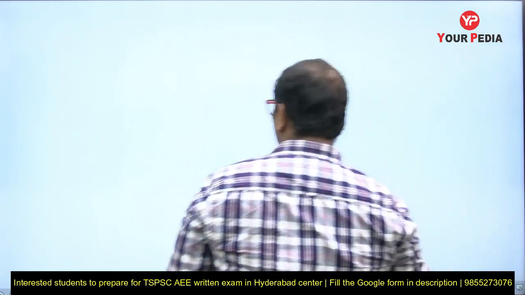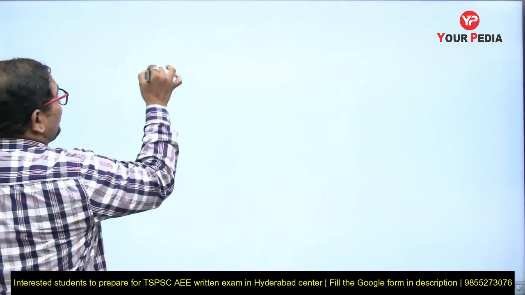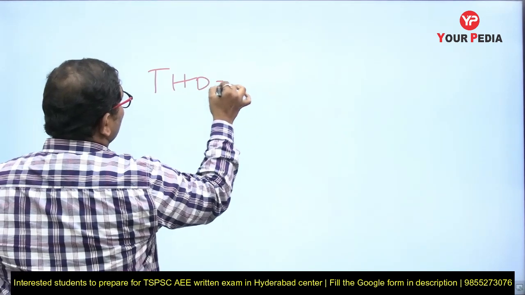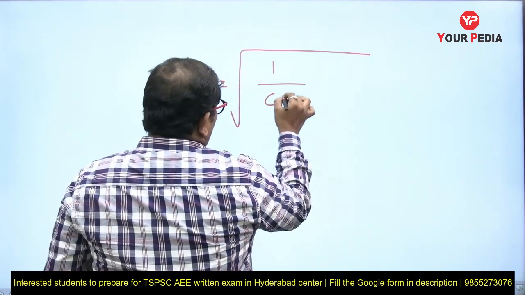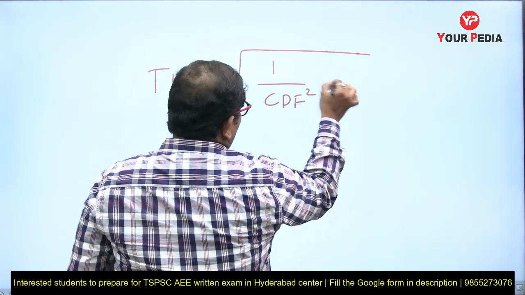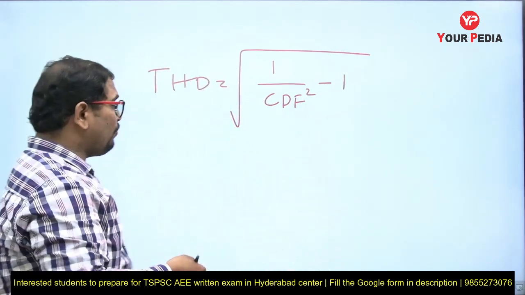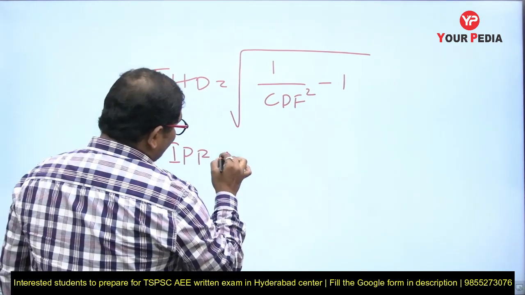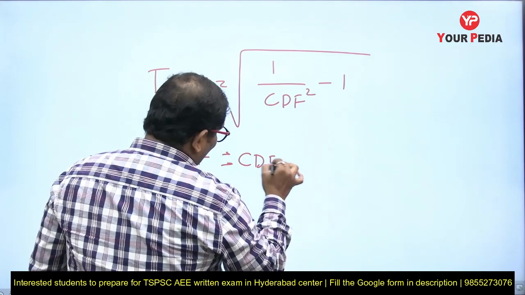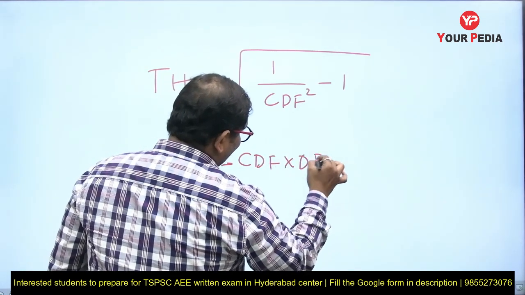So if you take this one, what relation did we get? THD is equal to square root of 1 by current distortion factor square minus 1. We know that input power factor is equal to current distortion factor multiplied by displacement factor.